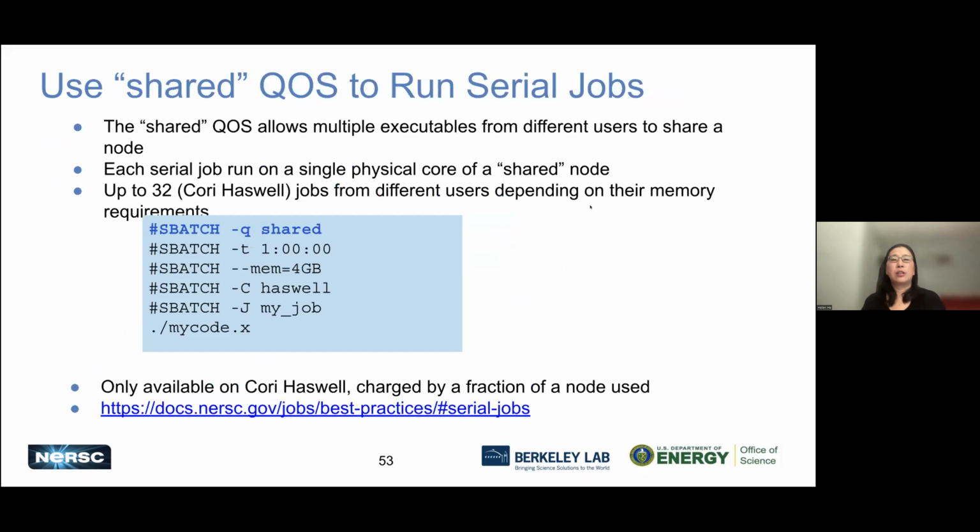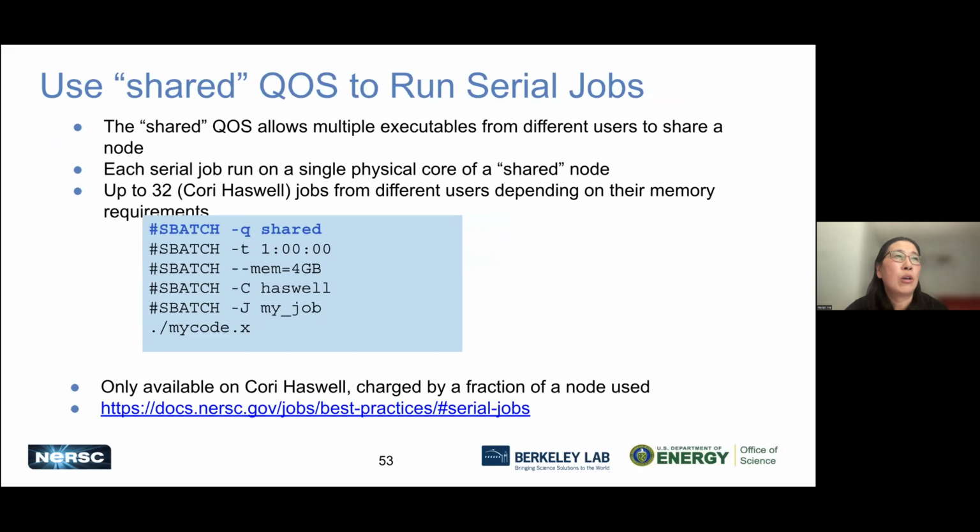I did just say salloc is interactive batch. I just want to tell you a few of the different ways of running jobs. As I mentioned, there are probably many serial jobs you want to run, and you do not want to waste a whole compute node that has 32 cores in it. By default, our queues are exclusive, meaning if you ask for it, it's all yours.